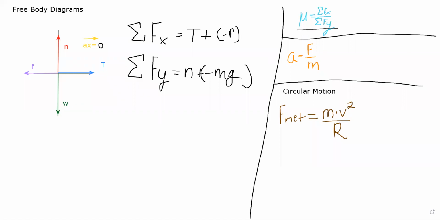Let's say you had mu kinetic, which is your coefficient of kinetic friction when something is moving. It'd be your kinetic force that the object is exerting, let's say in the x direction, divided by the force exerted in the y. And that works for static as well.